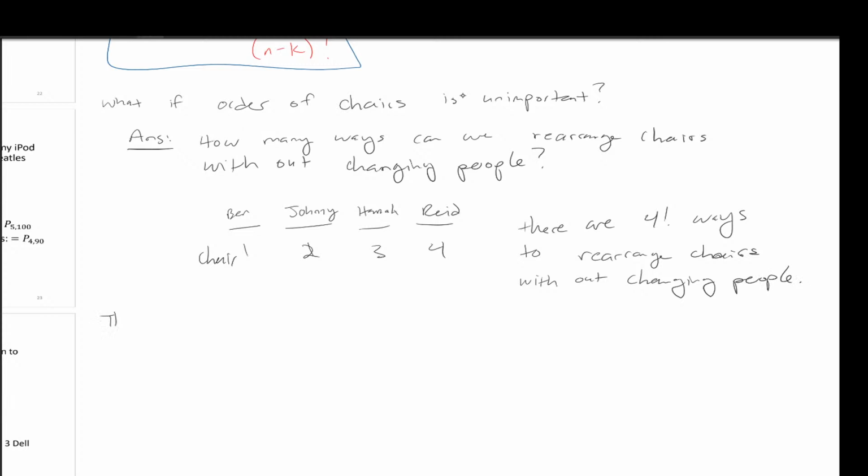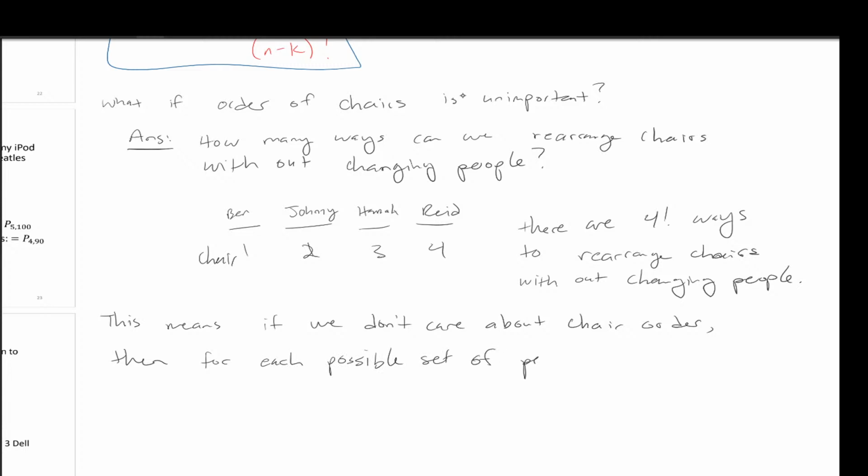So this means we've overcounted. This means if we don't care about chair order, then for each possible set of people, we've overcounted by 4 factorial.